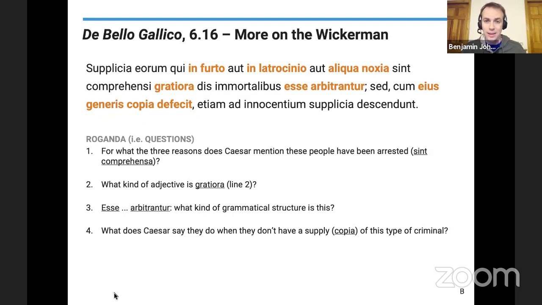I clued you in that we're going to see this word arbitrantur a little bit. And then finally, what does Caesar say when they don't have a supply, a copia, of this type of criminal? So again, this passage to me is exceptionally disturbing, and also doesn't make sense from how a society would function. But let's think about these questions here and then get to that.